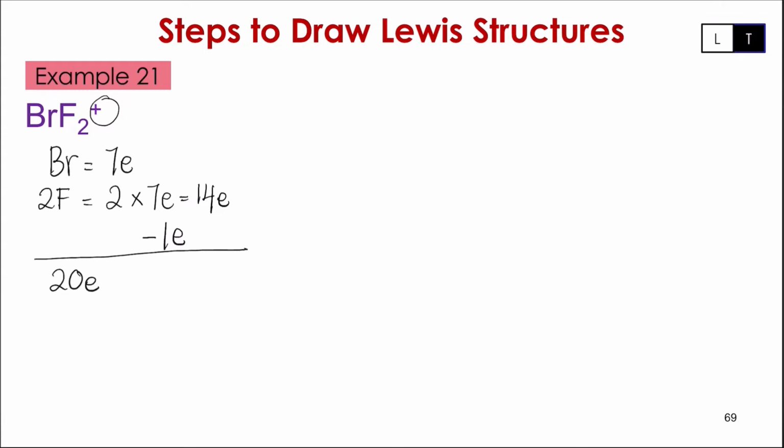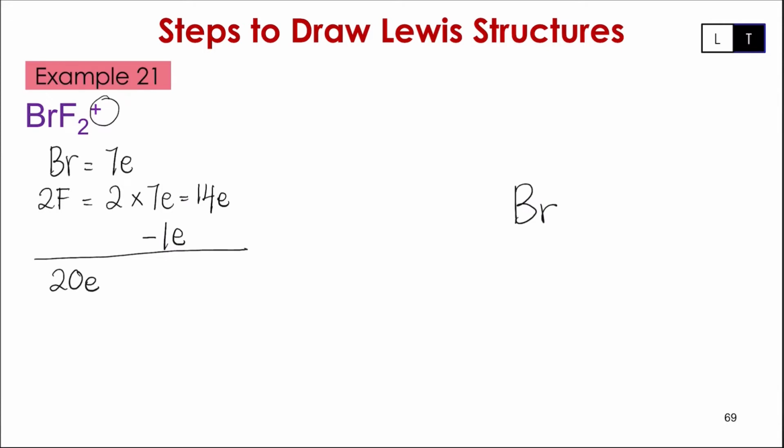So now I'm going to determine who is going to be my central atom. Macam yang saya ajar sebelum ni, fluorine tidak akan jadi central sebab dia most electronegative. So automatically Br akan jadi central. So we are going to draw Br as the central atom.